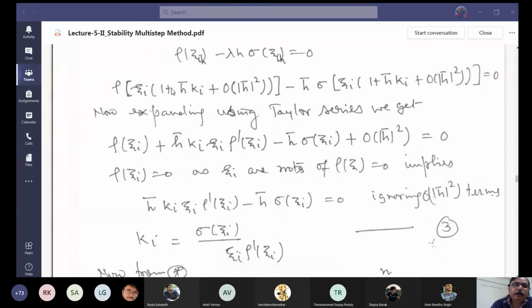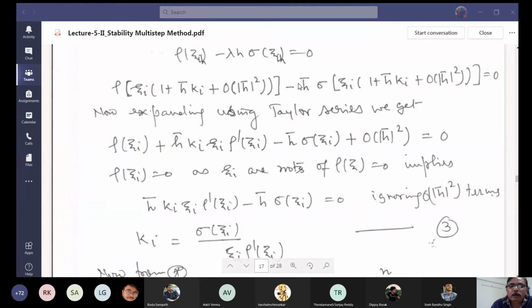So this will be xi i plus h bar ki xi i. We'll write that rho of xi i plus the increment h bar ki xi i, and then rho prime of xi i, and the order h square terms will be combined and written as capital order h square for both. Then minus h bar sigma of xi i. If we multiply the first term itself, that goes to order h square, so we need not go beyond that.